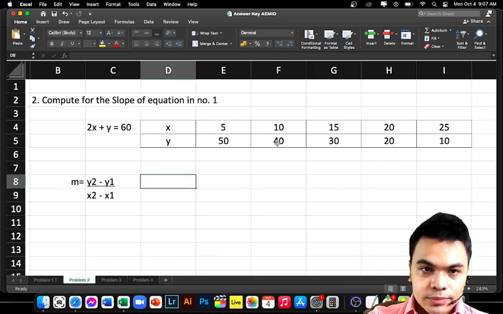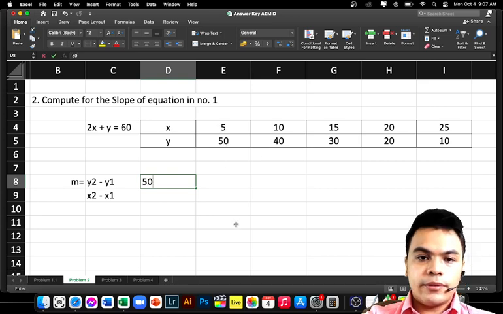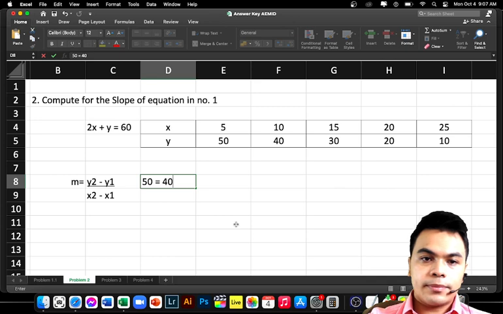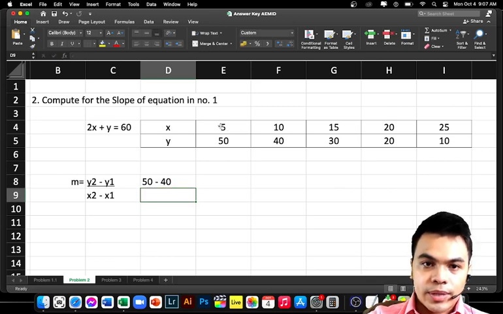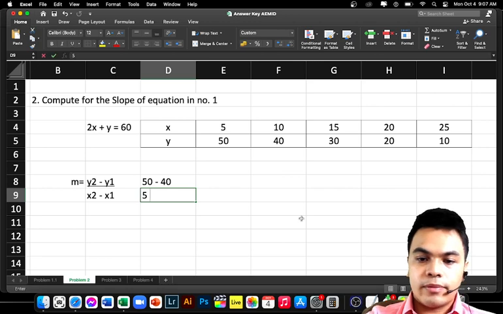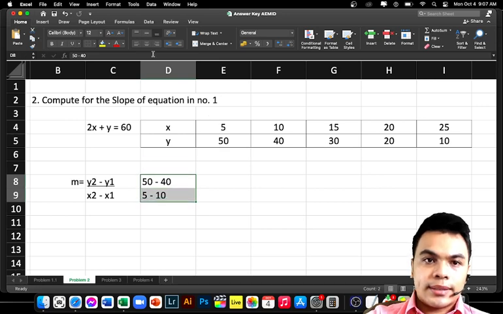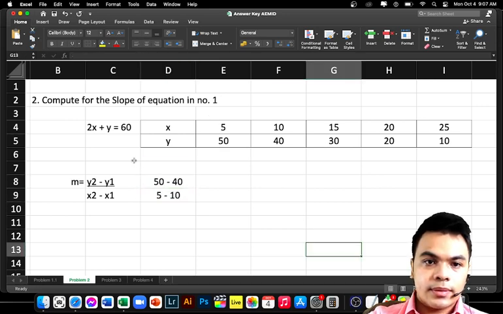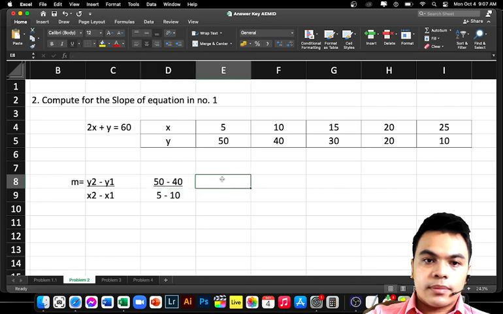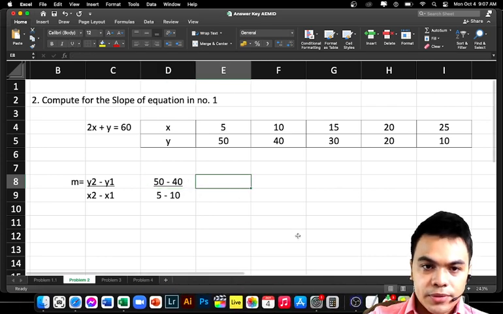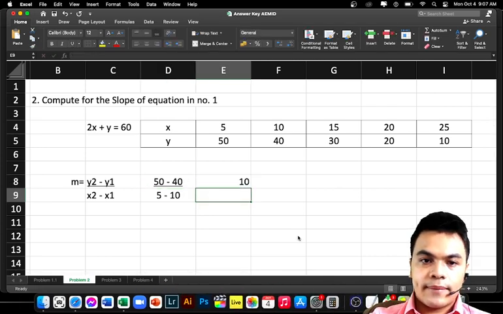So, y2, y1, 50 minus 40. Ito naman is x2, x1, 5 minus 10. Ayan, keep na natin. Alright. So 50 minus 40, that is 10. 5 minus 10 is negative 5.